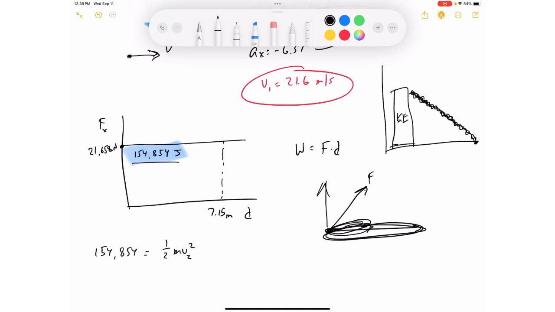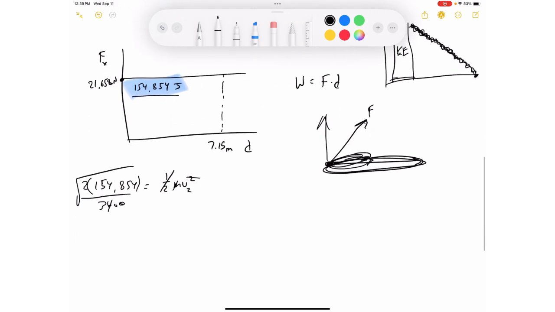To get rid of that, multiply this times 2, divide by 3,400, which is the total mass of both cars, and then get rid of the square by taking the square root, and then we have v2. v2 is equal to 9.5 meters per second.